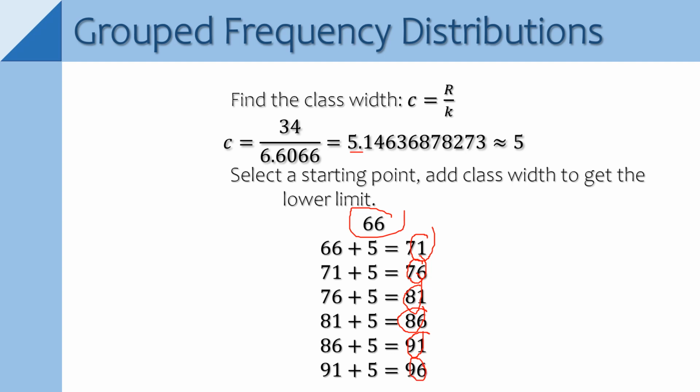So, therefore, we need to stop at 96 because nakompleto na natin yung number of classes natin. And by the way, the lower limits are 66, 71, 76, 81, 86, 91, and then 96. So, those are our lower limits.